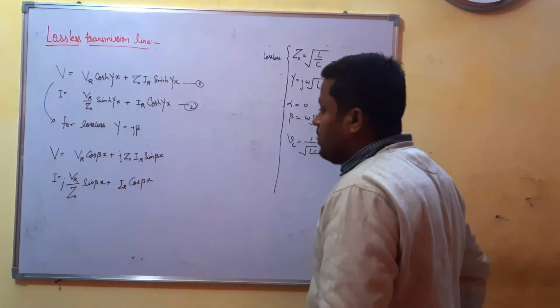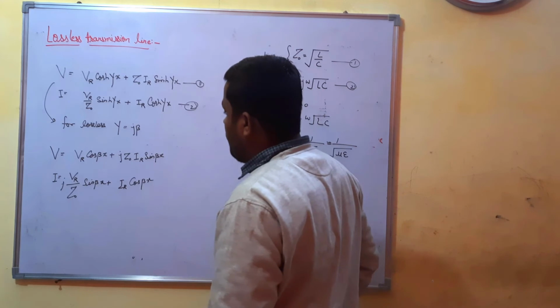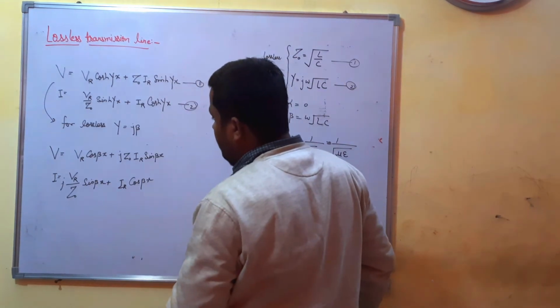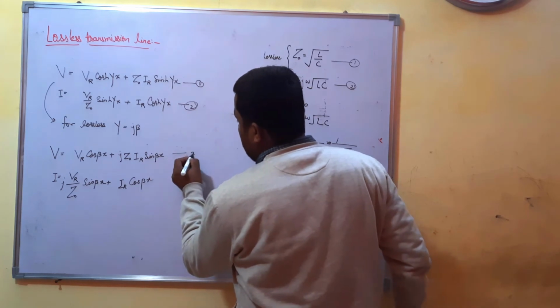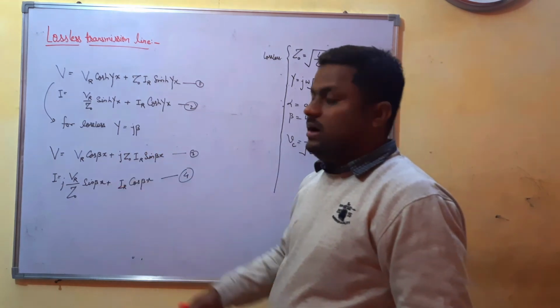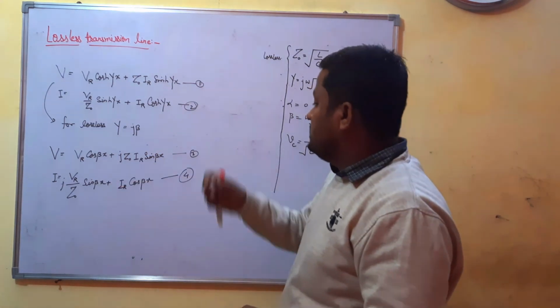Clear? So this is the equation for voltage and current in a lossless line.